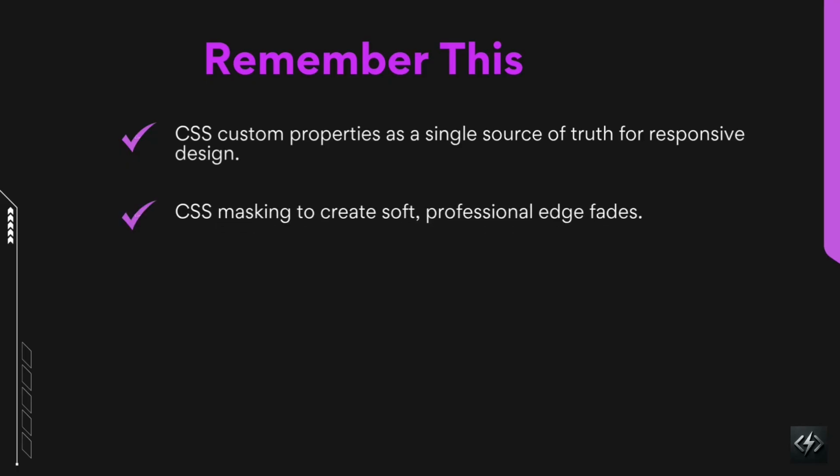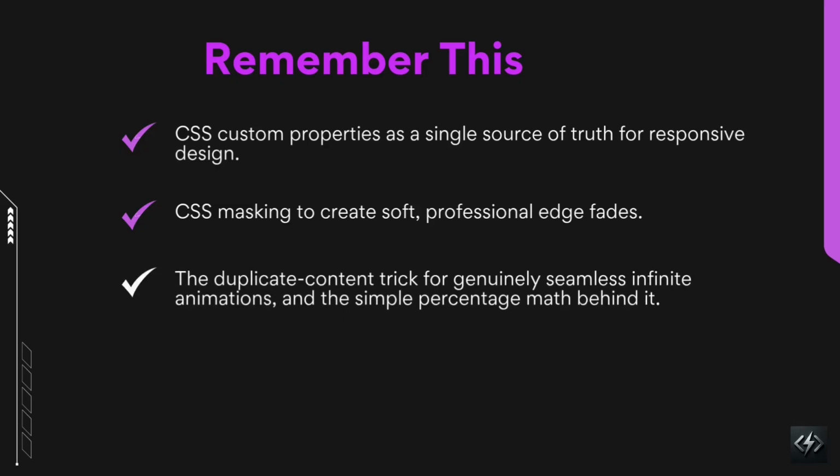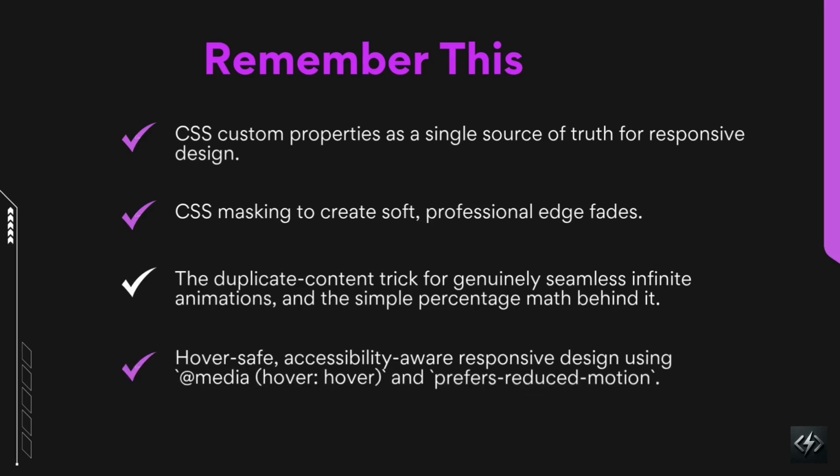CSS masking to create soft, professional edge fades. 3. The duplicate content trick for genuinely seamless infinite animations and the simple percentage math behind it. 4. Hover-safe, accessibility-aware responsive design using @media (hover: hover) and prefers-reduced-motion.